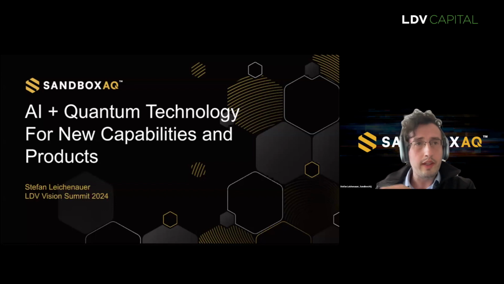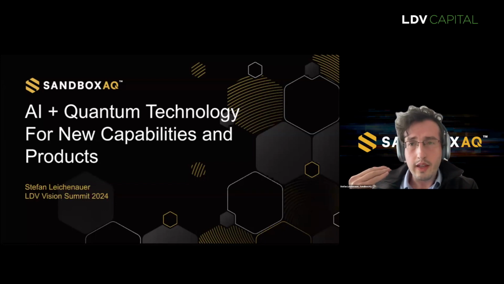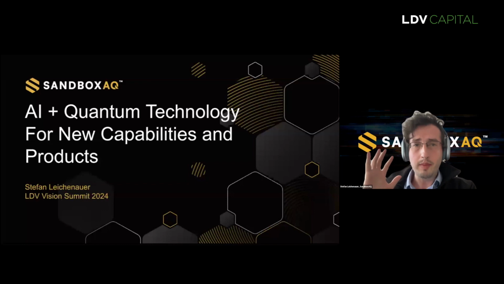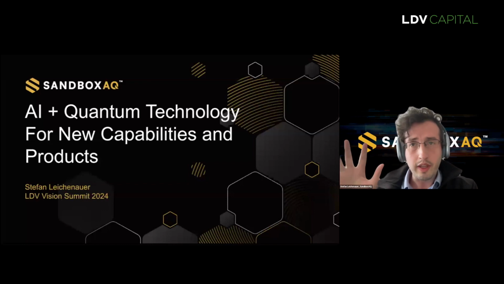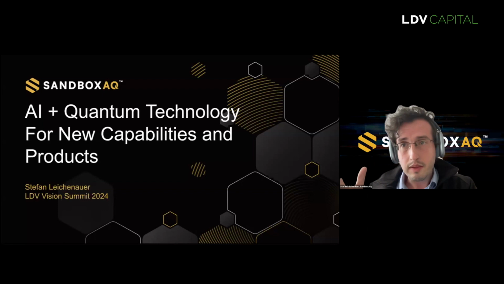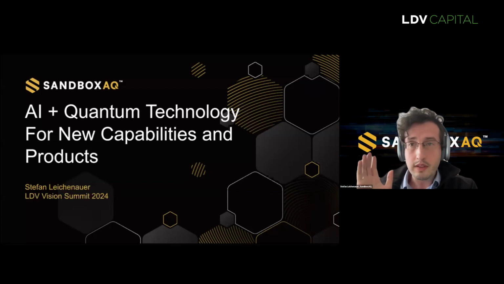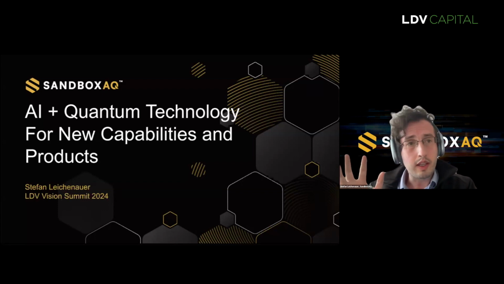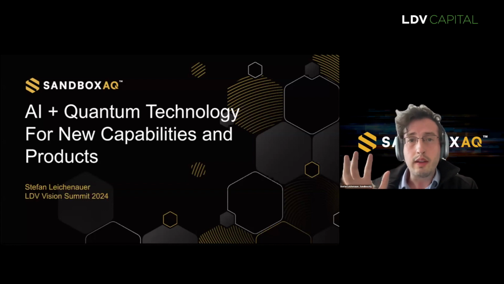One of the themes is that when I say quantum technologies, I'm not talking about some far future thing. I'm talking about capabilities that we can use today and products that we can build today. And for that reason, I'm also not going to really be talking about quantum computing.